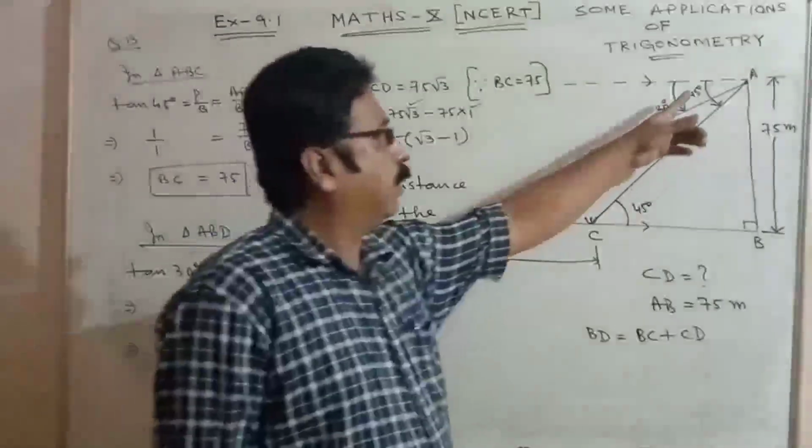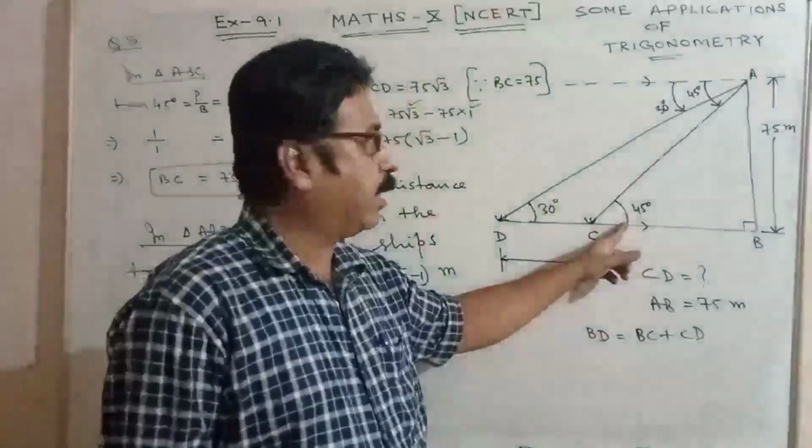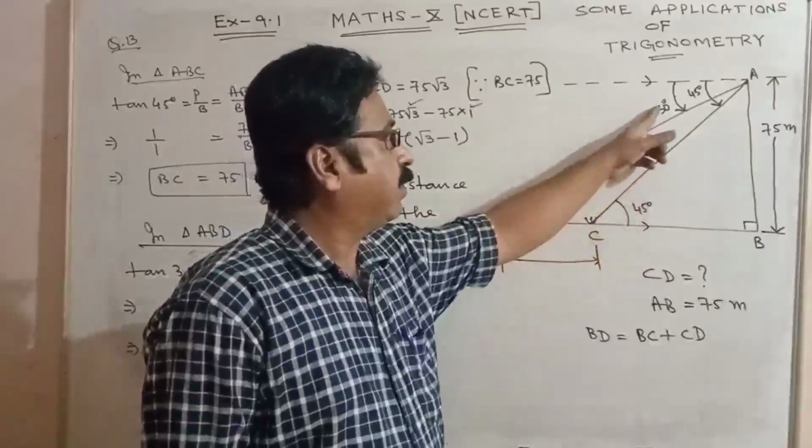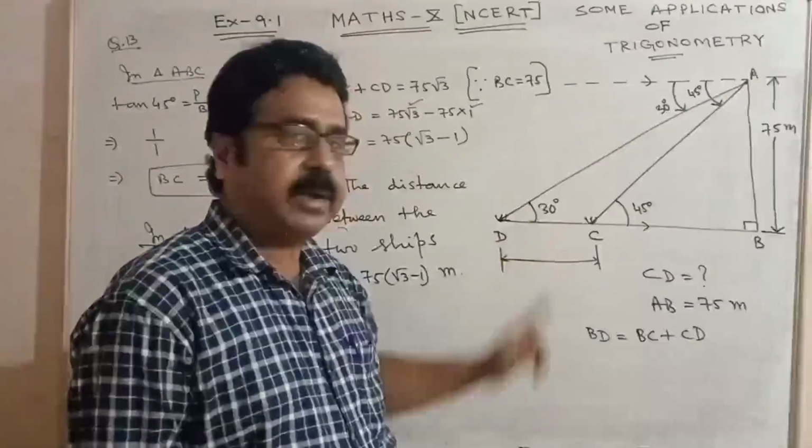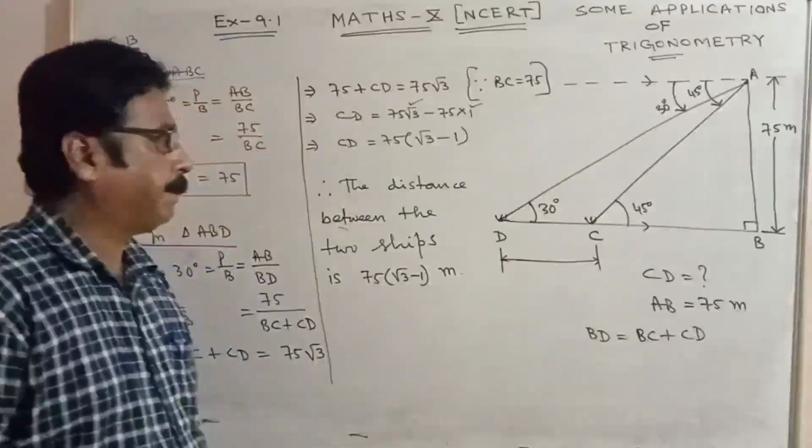Remember once again, this angle and this angle, they are alternate angles, they are equal. This 30 degree and 30 degree, they are alternate angles, they are equal.